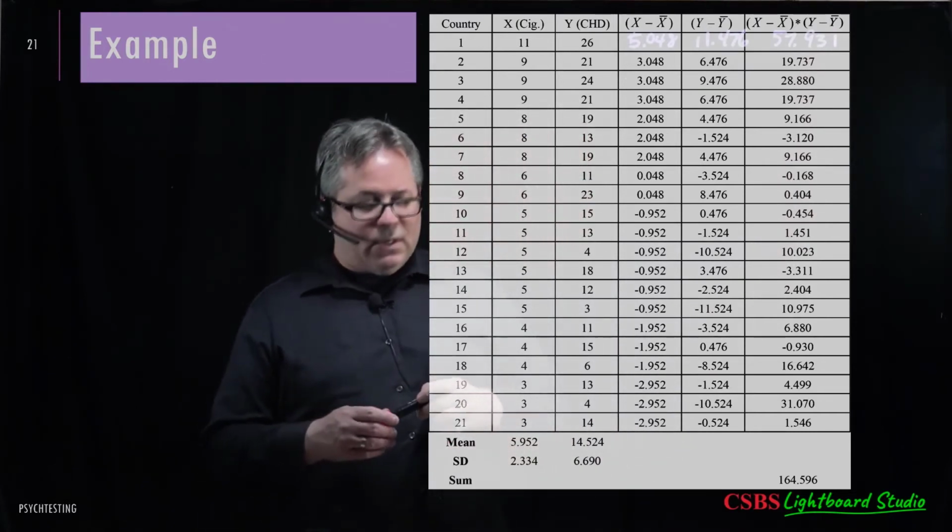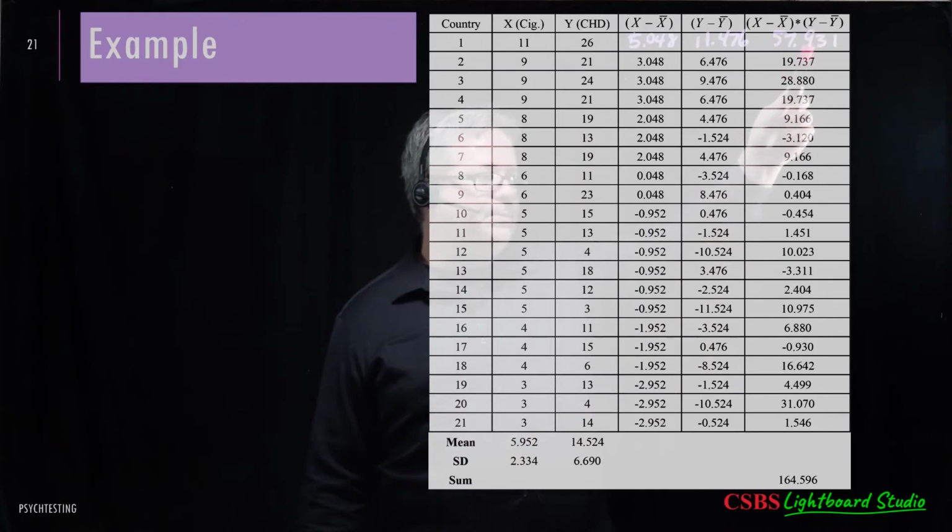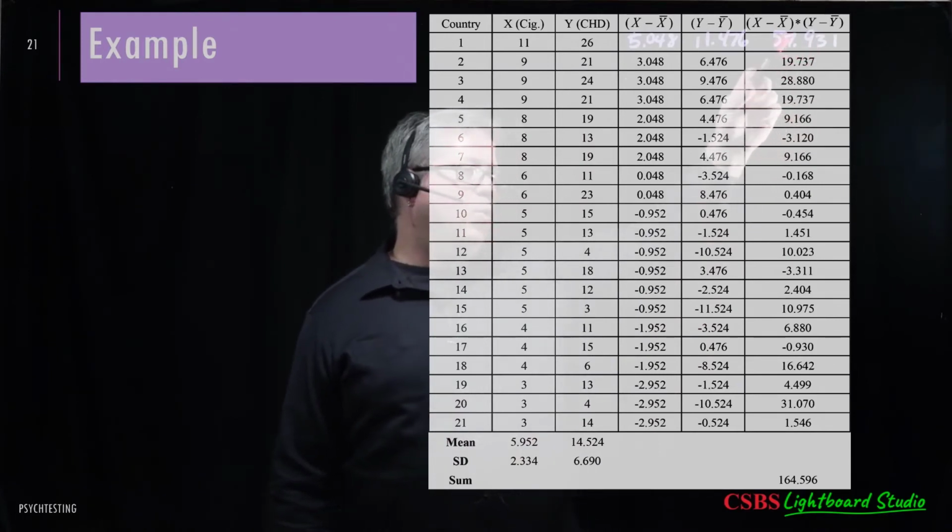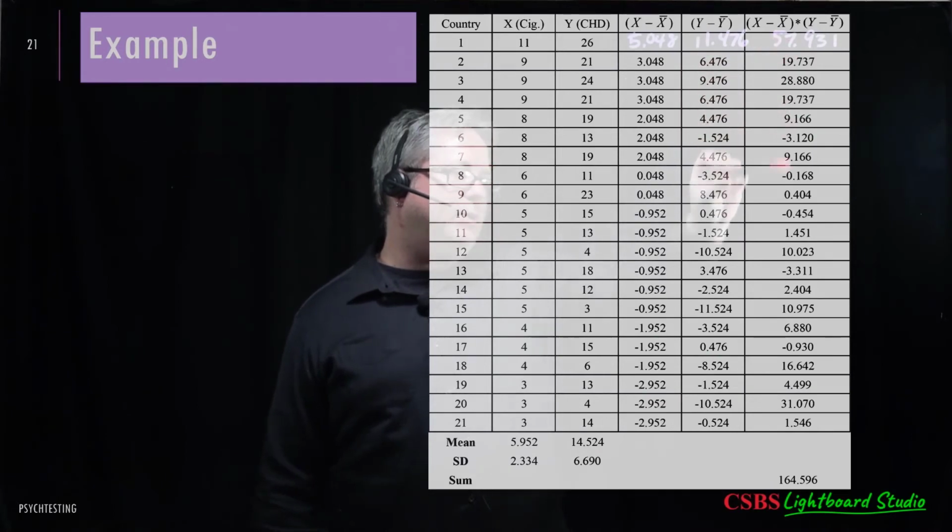Okay, so look down this column here. What do you notice? When do you have values that are positive here, and when do you have values that are negative?